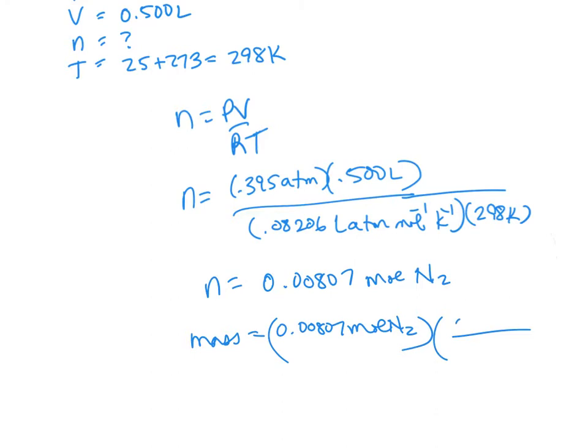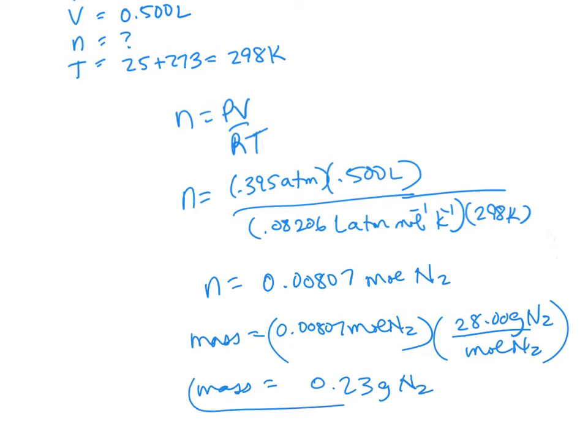So double that, 28 grams N2 per mole of N2. Mass equals 0.23 grams of N2.